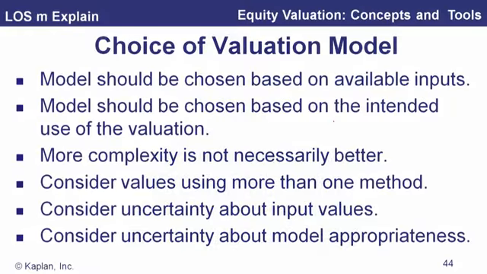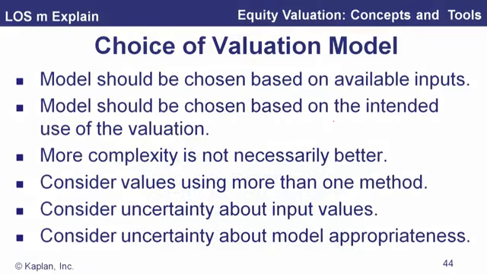Why can't we look at the relative valuation across four metrics? Well, we can. You should consider values using more than one method. And when they differ, start to wonder and inquire and do some analysis to determine why. Why is this firm cheap on a price to sales basis but seems expensive on a price to earnings basis?